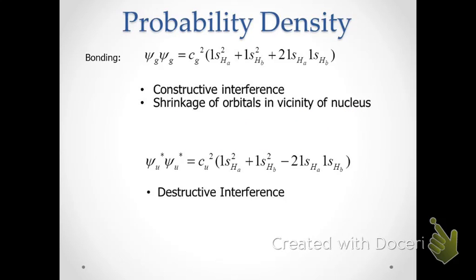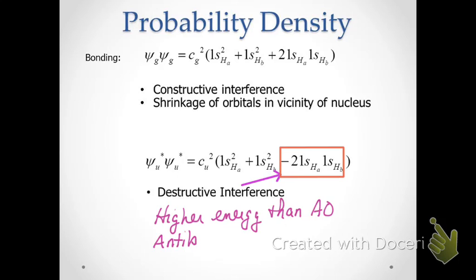On the other hand, this negative term results in a destructive interference and a decrease of electron density in the internuclear region, which yields an orbital which is higher energy than the atomic orbital, and because it's higher energy, it destabilizes the bond, and we refer to that as antibonding.